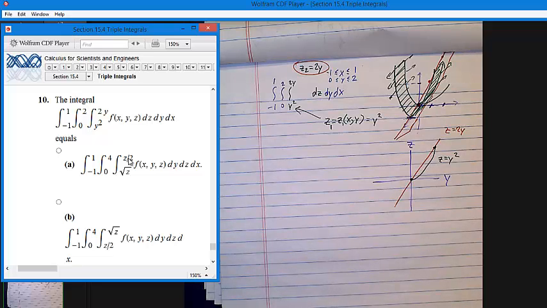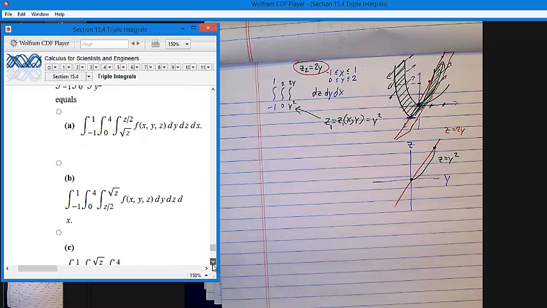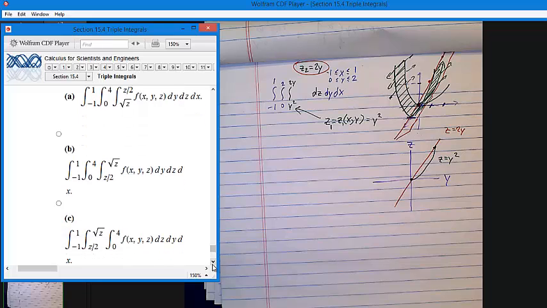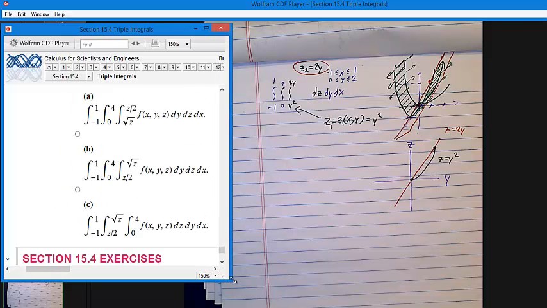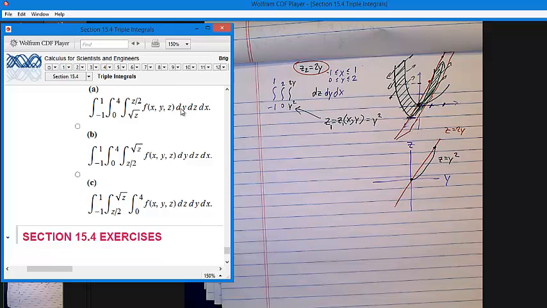Okay, so what are we supposed to do? We're supposed to decide which of these is equivalent. What are they doing? It looks to me like they want to switch some orders of integration. Now in parts A and B, they're switching and going dy dz instead of dz dy. They're leaving dx where it was.